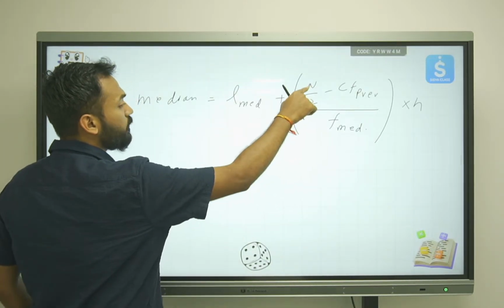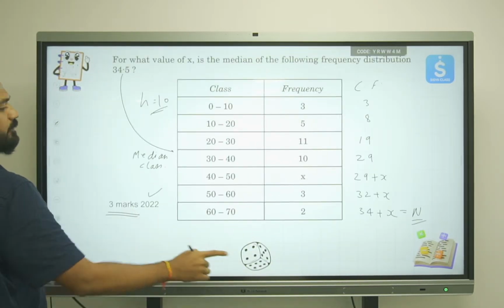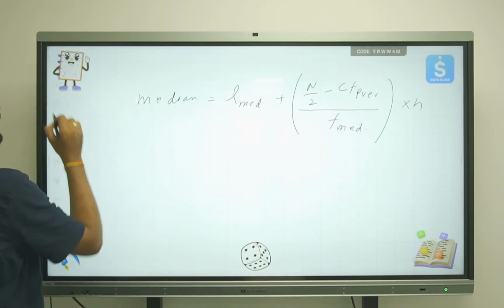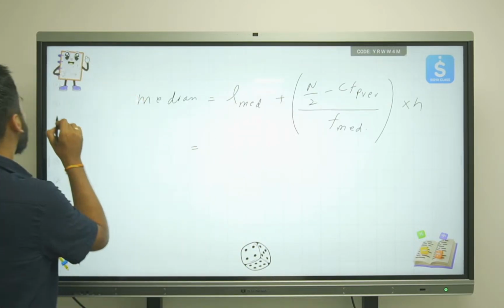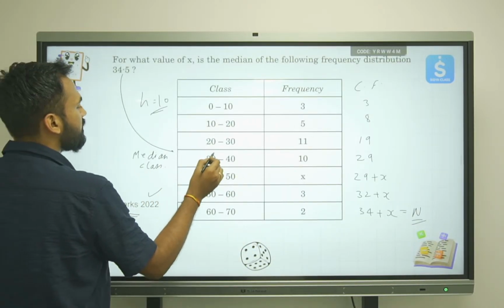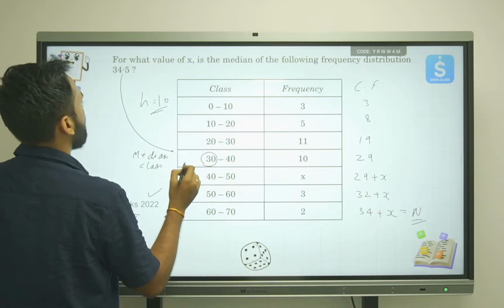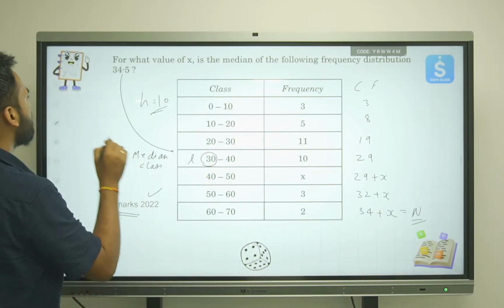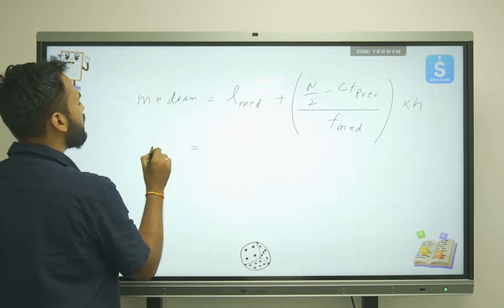So 34 plus x is the total n, total frequency. Lower limit of the median class is 30. So let me write. Median is 34.5.